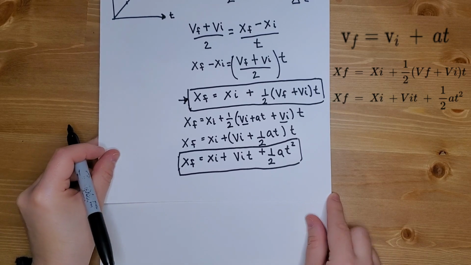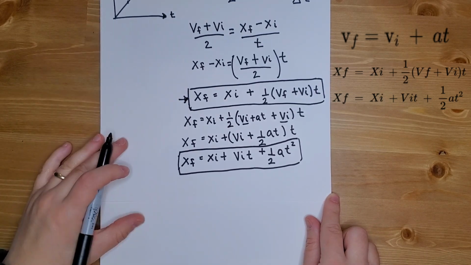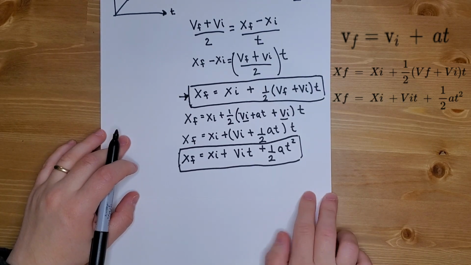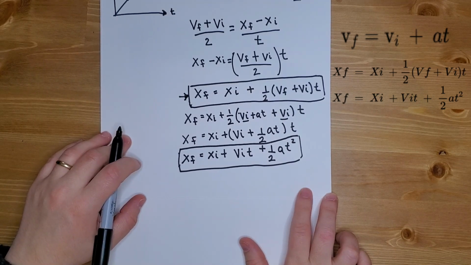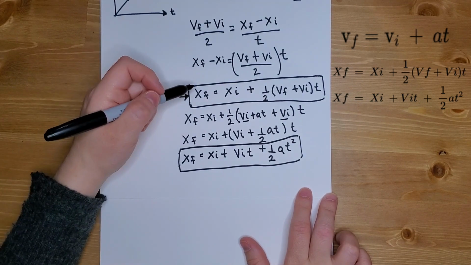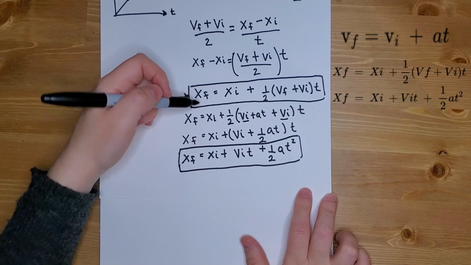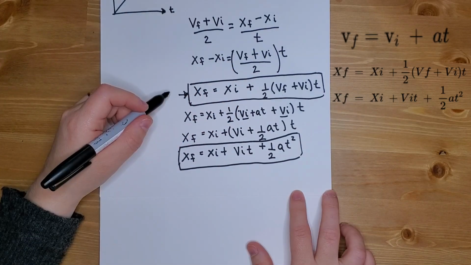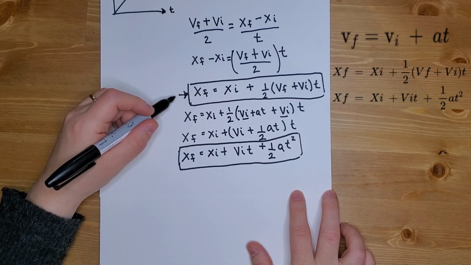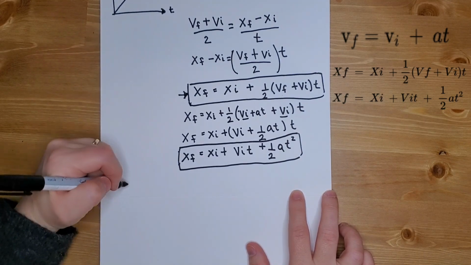So now we can go back to this equation and substitute for our t. We want to get rid of our t in that equation so we can solve for our final velocity. The easiest equation we have for time is the first one we worked with. So I'm going to write it back here.